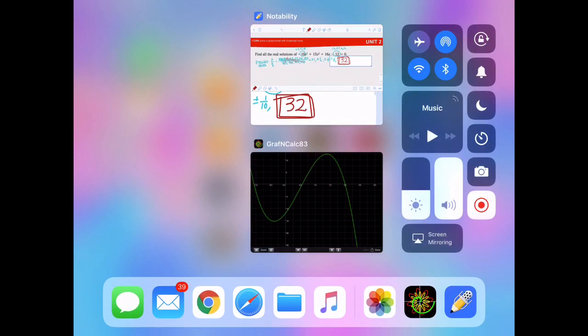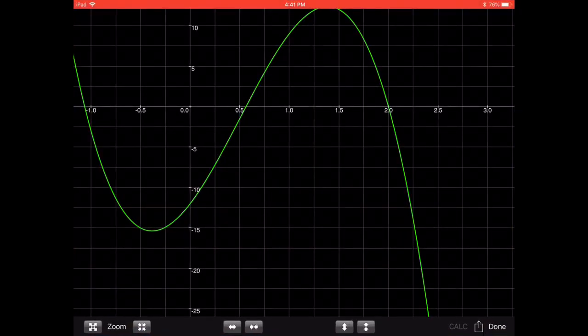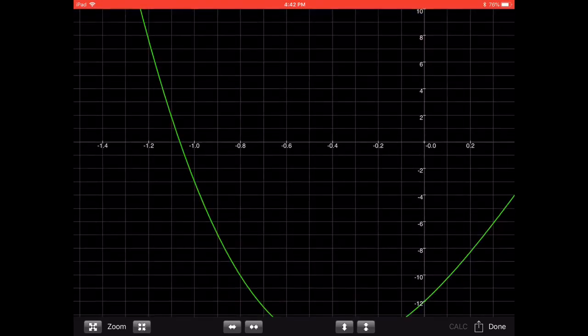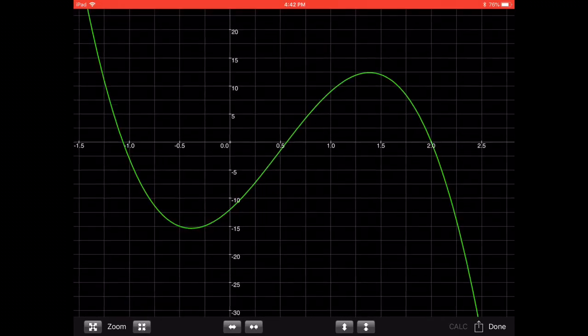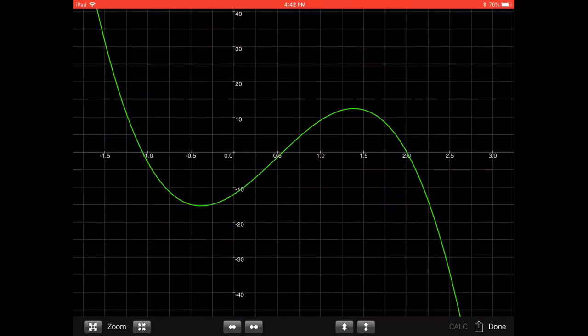I'm using an app here so that you can see. And go ahead and graph the polynomial. That way we can get a bit of an idea of where those possible zeros are. On the left-hand side, it looks like something a little bit smaller than -1.